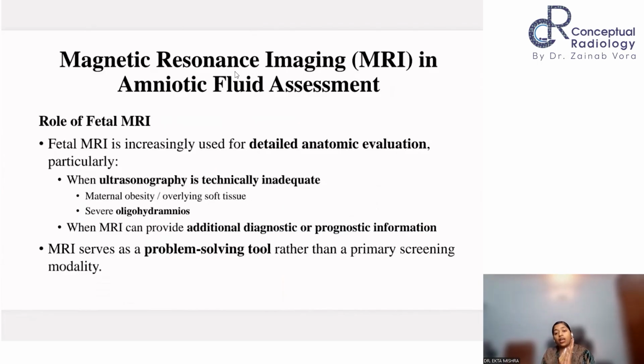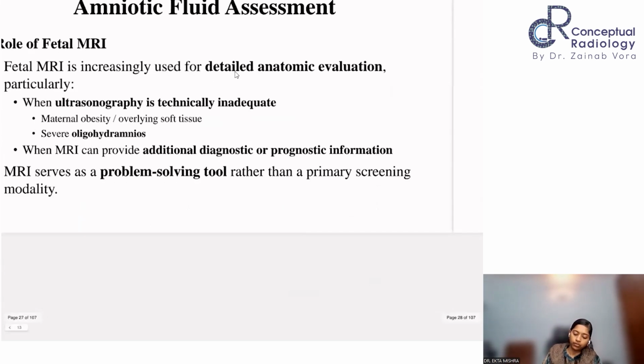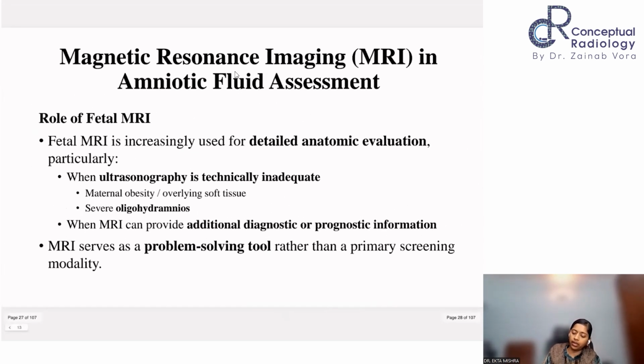Now, the role of MRI is very important in amniotic fluid assessment. Nowadays, fetal MRI is coming up. So when you're going to evaluate the detailed anatomy, then you can use the MRI to look for amniotic fluid as well. Now, where is the MRI used for looking at the morphology?